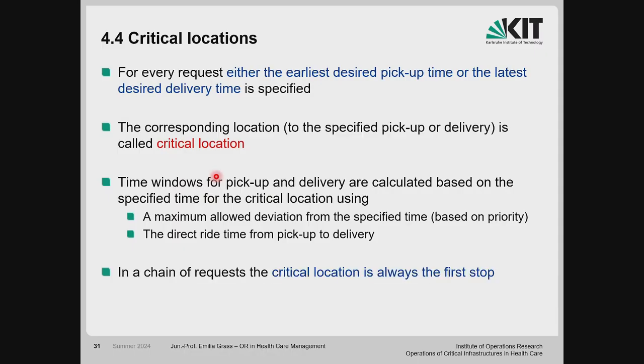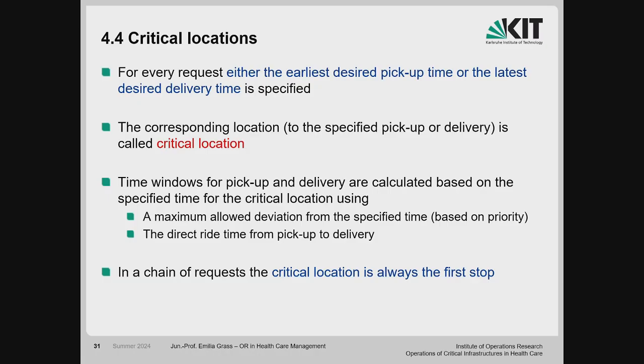And then in this chain of requests, the critical location is always the first stop. Of course, we cannot have some kind of intermediate stops in between, so we know that we have to go directly to this one. It not necessarily refers to the physical stop, but rather the priority in planning and also scheduling.